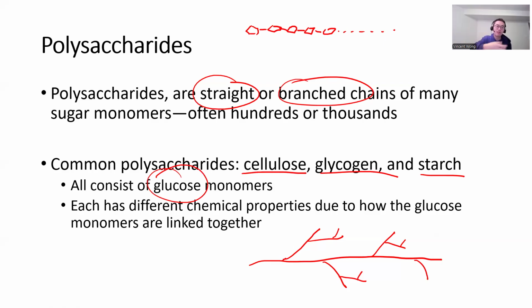For example, if I give the whole class a box of just yellow Lego blocks, you can build anything with it, right? Some of you might decide to build something very long, some of you might decide to build a block. It's kind of like this. The glucose is the building blocks. Depending on how you link them together, you will end up having cellulose, glycogen, or starch. It's all about how you link them together.